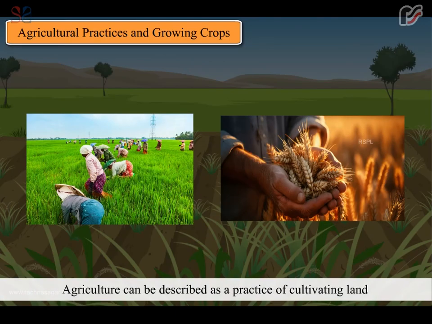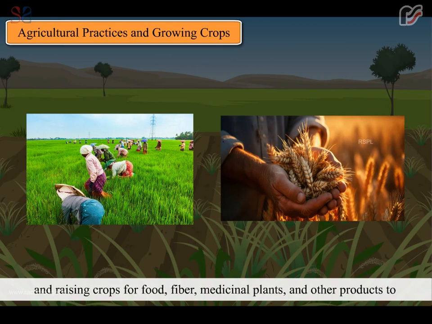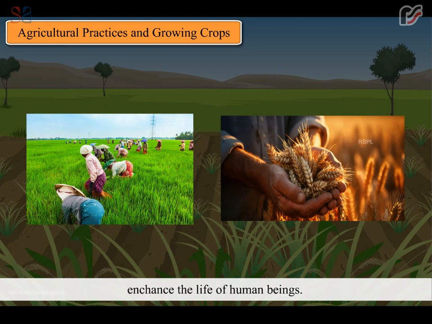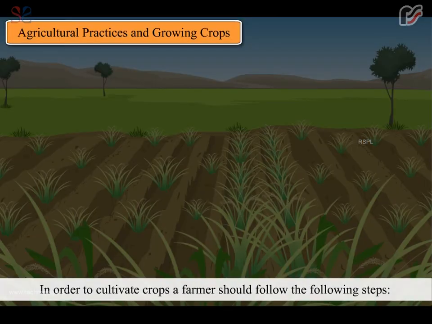Agriculture can be described as a practice of cultivating land and raising crops for food, fiber, medicinal plants, and other products to enhance the life of human beings. In order to cultivate crops, a farmer should follow the following steps.